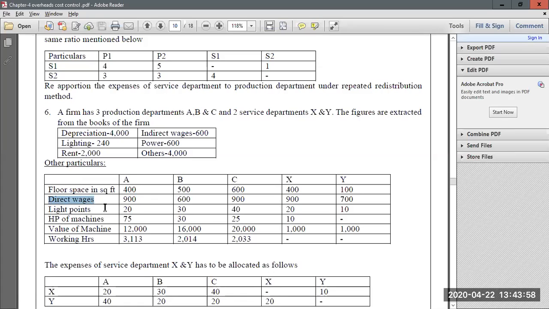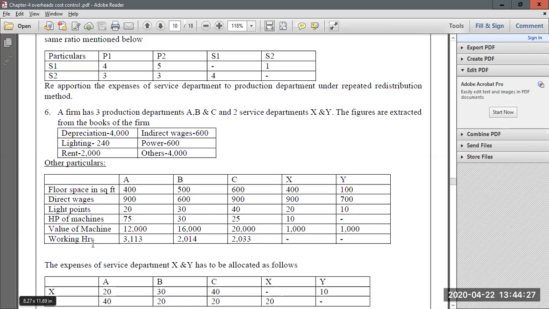Whenever they give direct wages for service departments, please remember the same amount should be considered in primary distribution. Even though direct wages is not given in the above expenses, you should consider it for primary distribution, and only the amount available for service departments should be considered. Whatever amount is given for production departments should not be considered in primary distribution. So that is one thing.